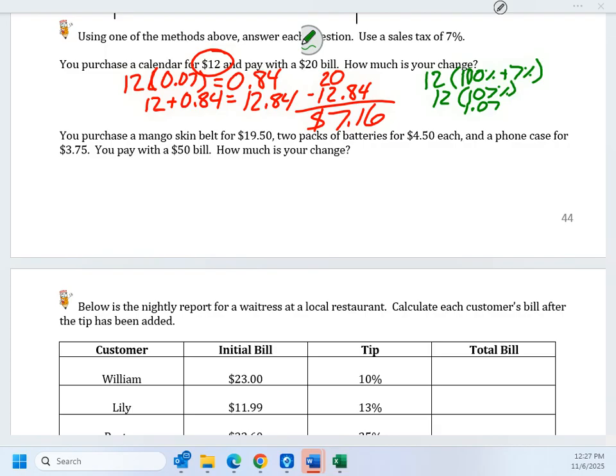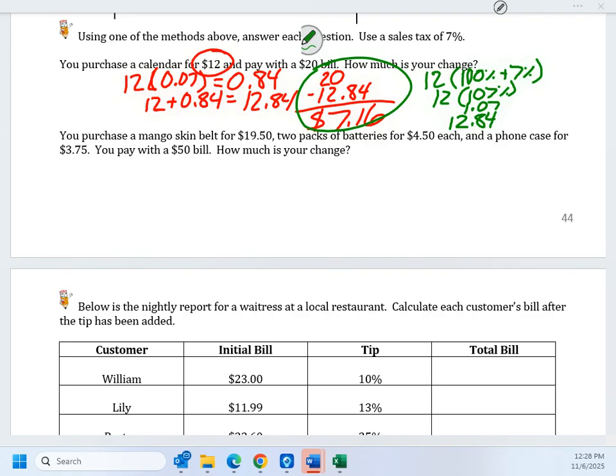Stop turning your page. 12.84. And we get that same amount of 12.84. We have to do the same math, that same final step. So it doesn't matter which method you use, you get the same amount that you owe. And you have to subtract it from that $20.